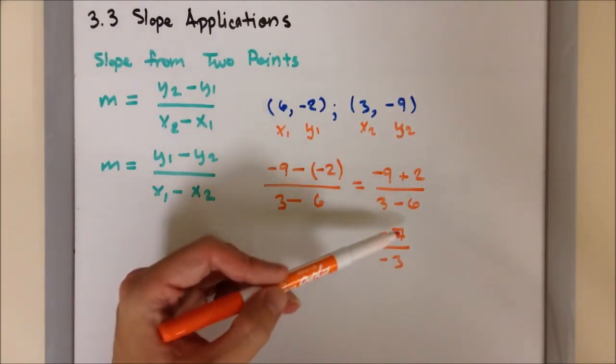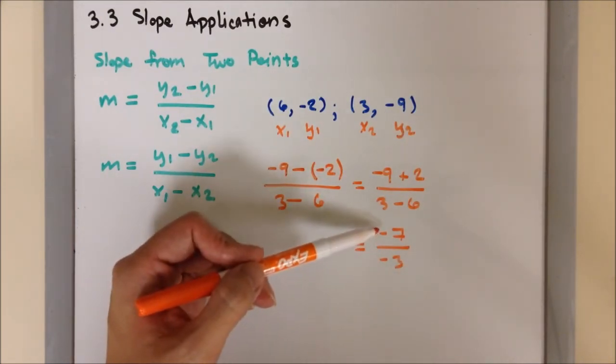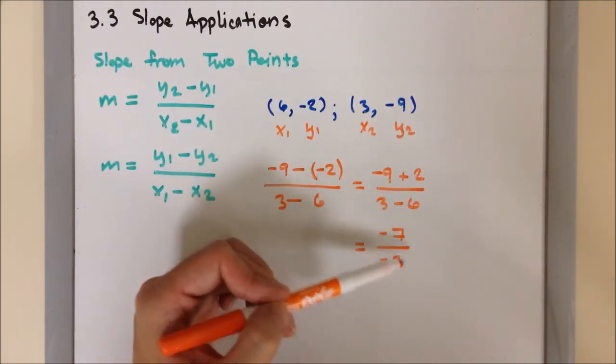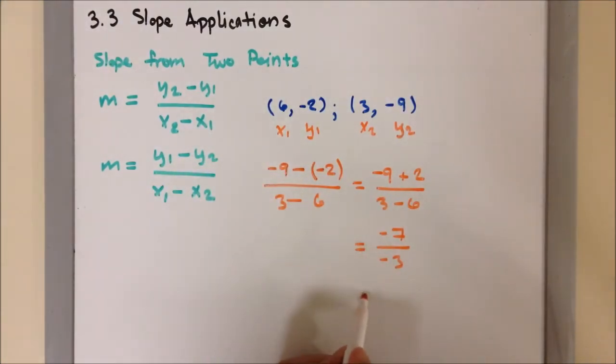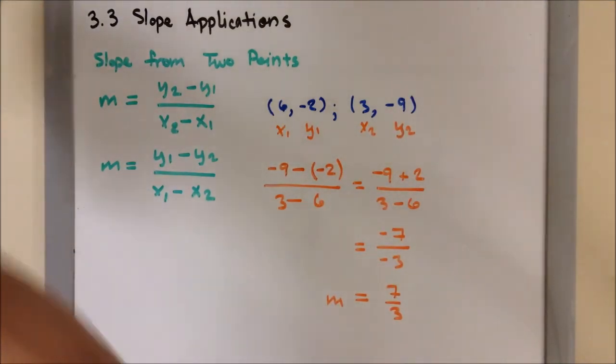So I can't simplify the numbers because there's nothing in common, but I can still simplify the fraction because it's a negative divided by negative. So -7 divided by -3 will simplify into +7 over 3, which will be my final answer, my final slope, is positive 7 over 3.